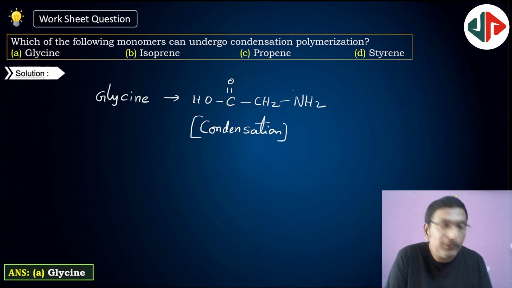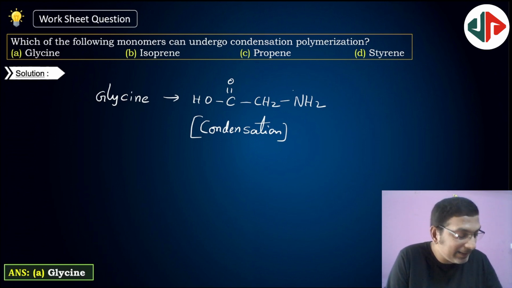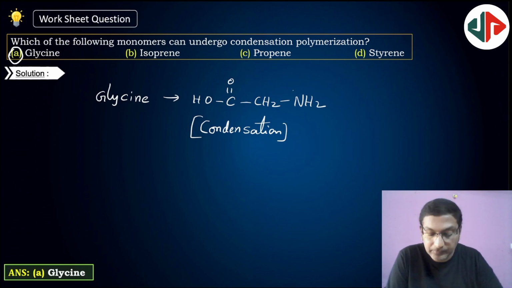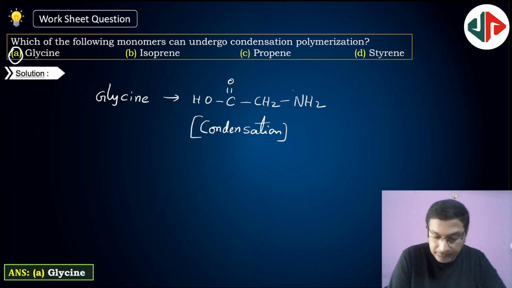So remaining, due to the presence of double bonds, isoprene contains double bond. Next propene double bond, styrene double bond. Therefore B, C, D can undergo addition polymerization. So glycine, due to functional groups, it can undergo condensation polymerization. Next.